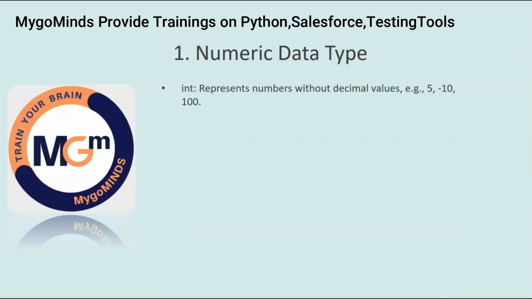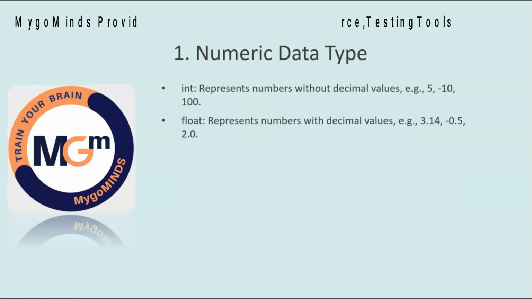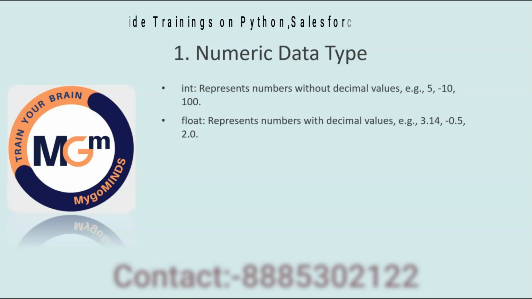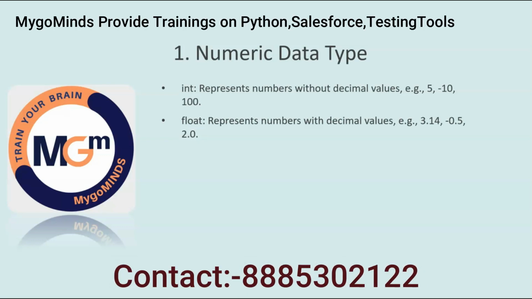In numeric types, we have three types. The numbers which do not have decimal values, like 5, minus 10, 100, are represented as int in Python. The numbers with decimal values, such as 3.14, minus 0.5, 2.0, we represent as float.